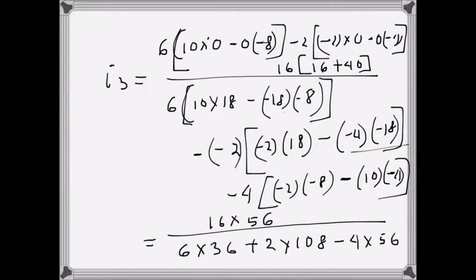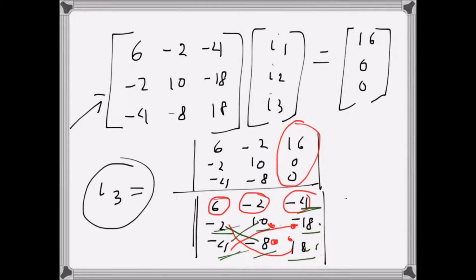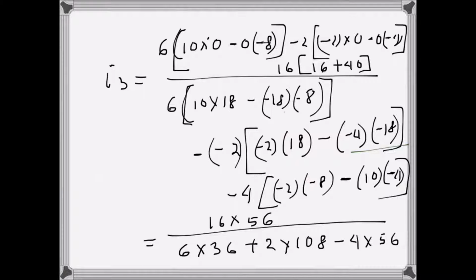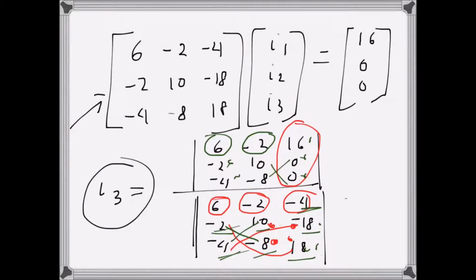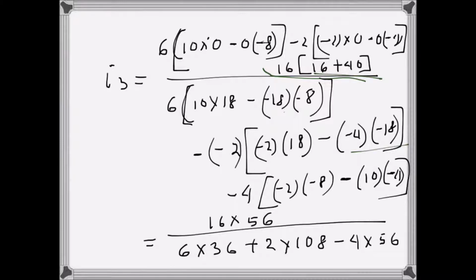That is the denominator. In the numerator there are a few zeros. When I'm doing 6, these two and these two are multiplied, so these are 0, gone. Then negative 2, this one times 0, this one times 0, so this is also gone. Only 16 will be there. With 16, minus 2 times minus 8, which is plus 16, minus 10 times minus 4, which is plus 40.